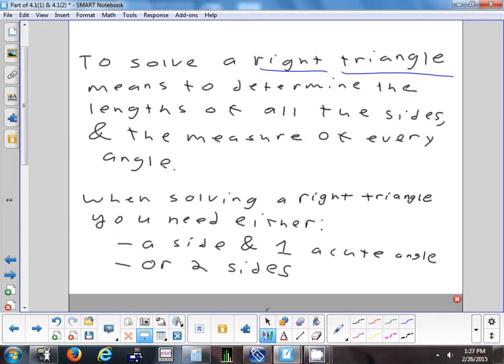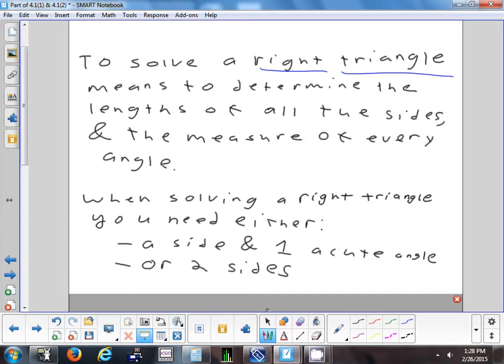Okay, so we'll try maybe one or two of this first case, and then at least maybe one of the second case. Any questions though about the goal of what we're trying to do? We're trying to find out how long the sides are, how big the angles are. Two things to keep in mind.